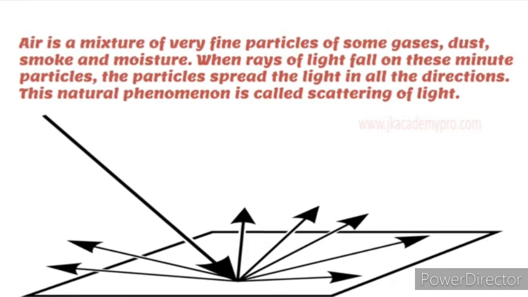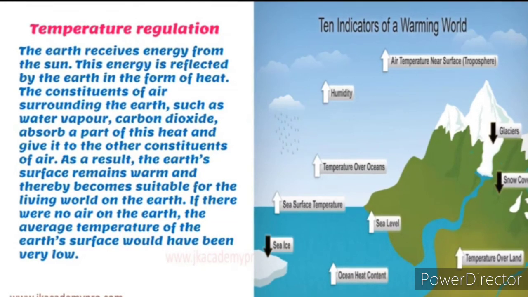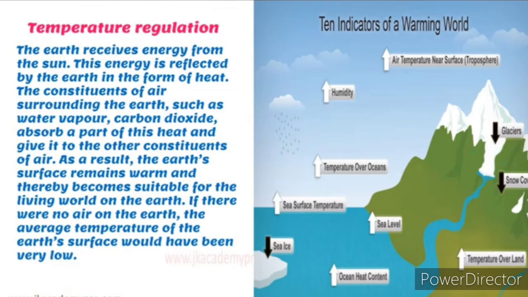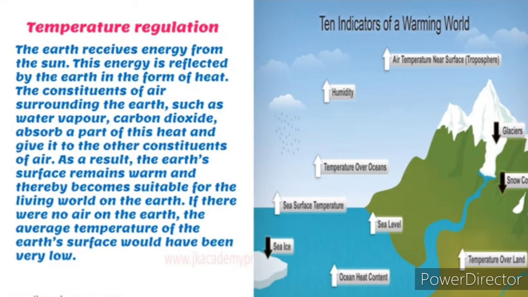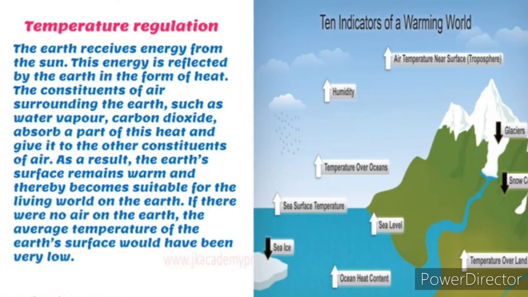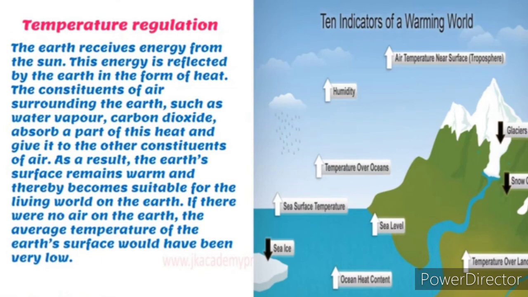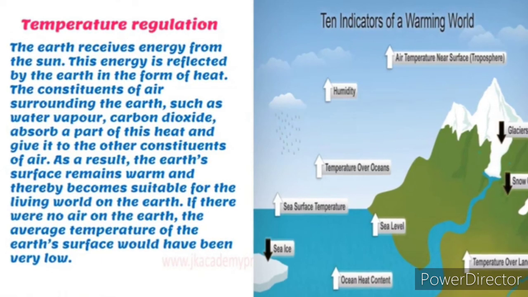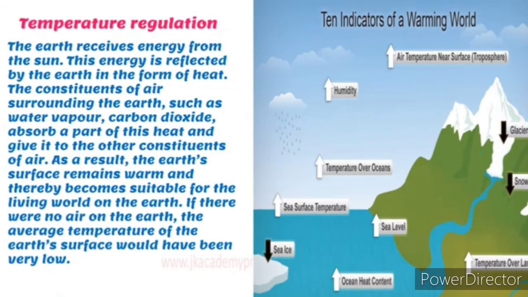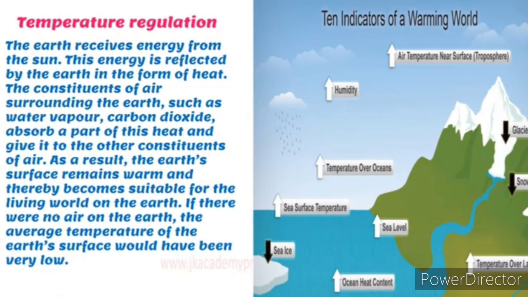Now next point, that is the temperature regulation. The earth receives energy from the sun. We know the sun is the main source of energy on the earth. This energy is reflected by the earth in the form of heat, and the constituents of the air surrounding the earth, such as water vapors and carbon dioxide, absorb part of this heat and give it to other constituents of the air.